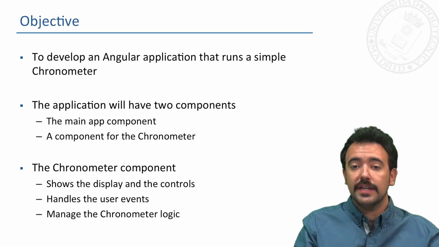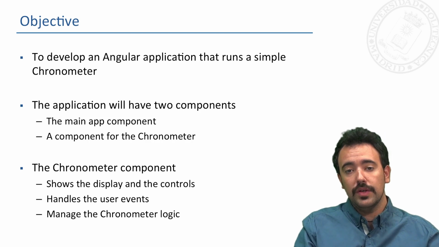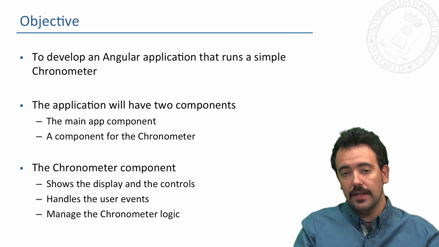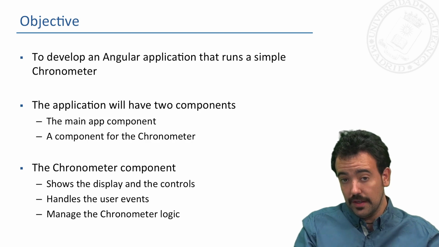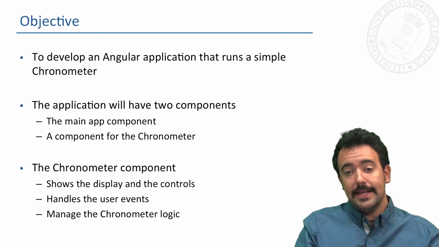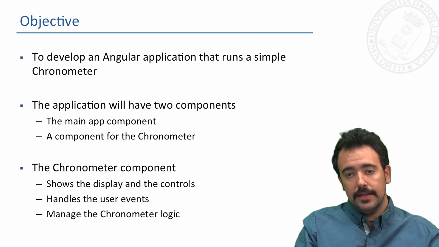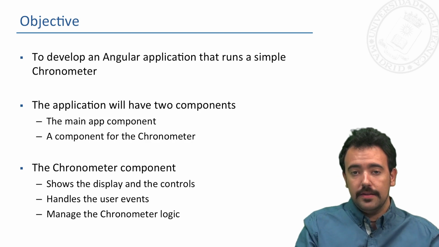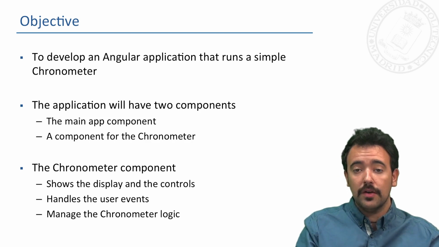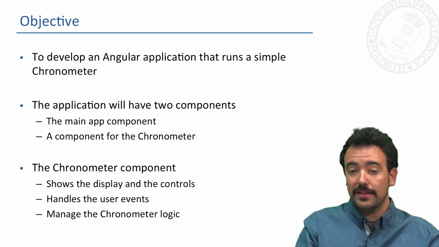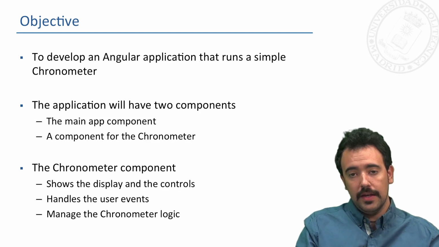And the second one is a new component we are going to include in order to manage the logic of the chronometer. So, in this new component we are going to create, we will manage this logic and also, of course, the template in which we will render the chronometer count, and also in which we will include the buttons that will handle the actions of the user.